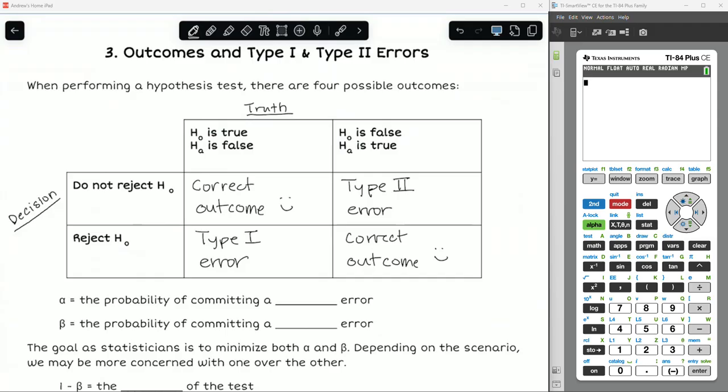And so alpha, which is this Greek letter here, is the symbol we use to represent the probability of committing a type 1 error. This is also known as our significance level.